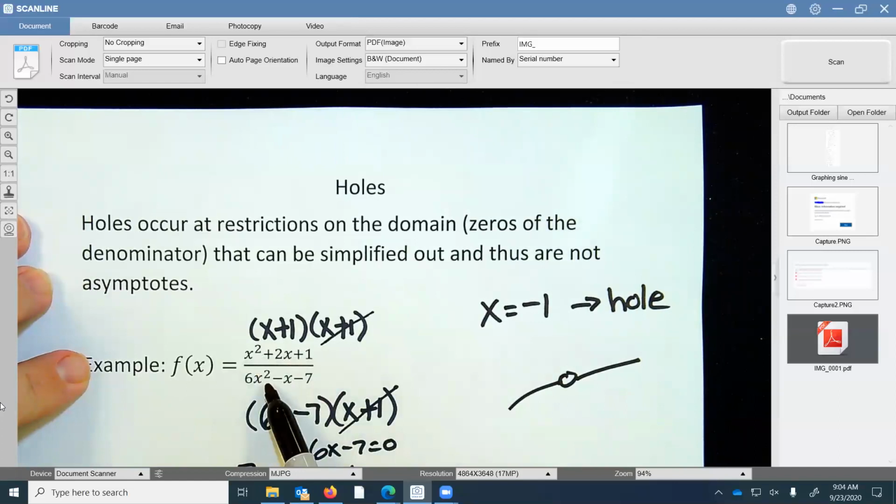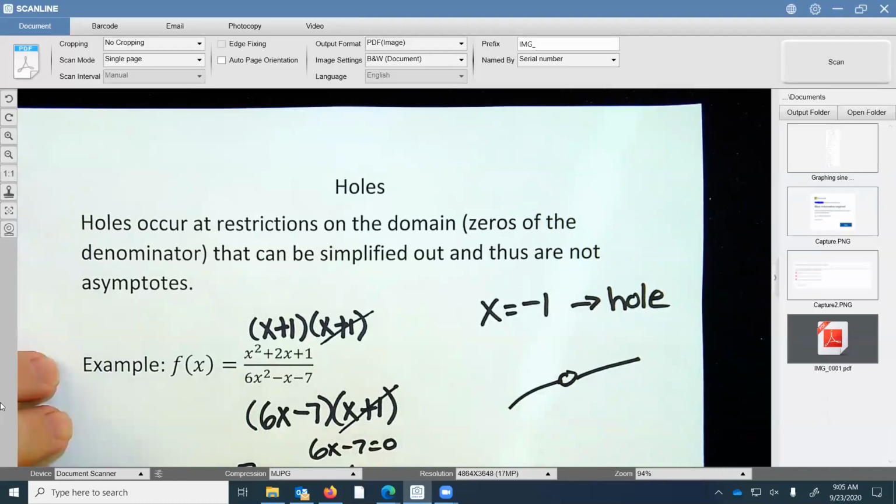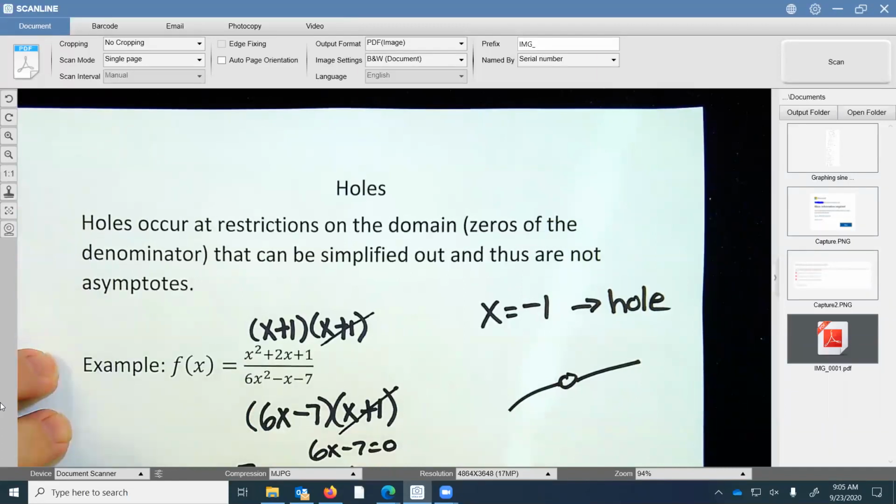So my horizontal asymptote is the ratio of the leading coefficients. Well, the leading coefficient of the top is 1. Leading coefficient of the bottom is 6. So I still have a vertical asymptote, a horizontal asymptote, but I also have a hole at -1.